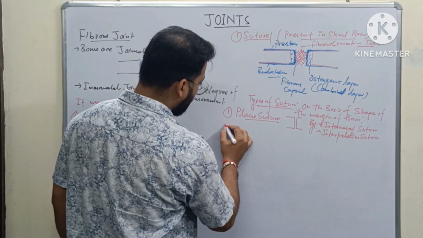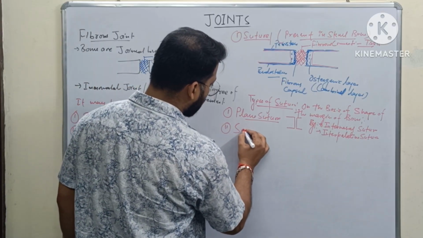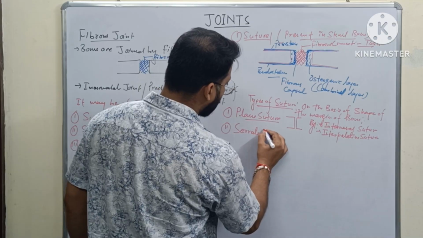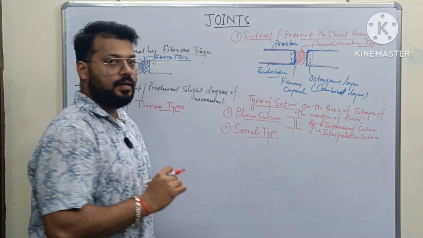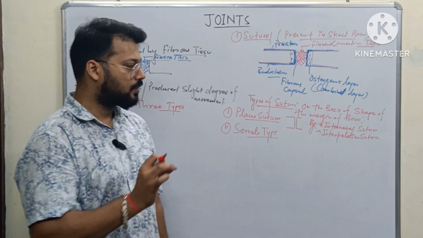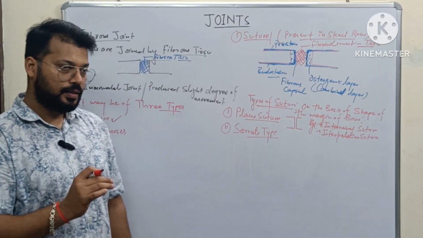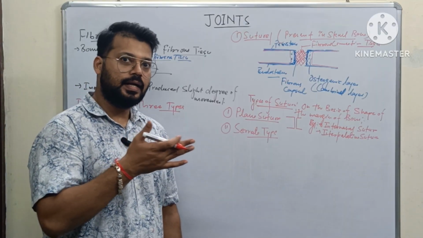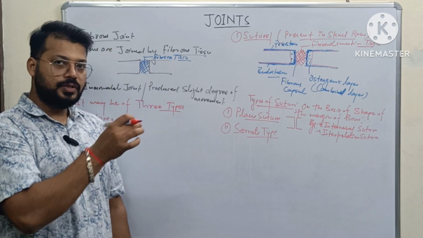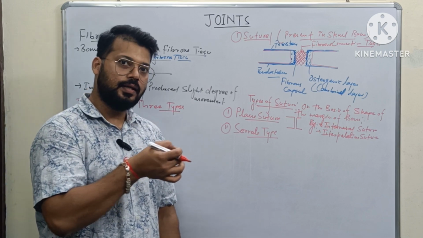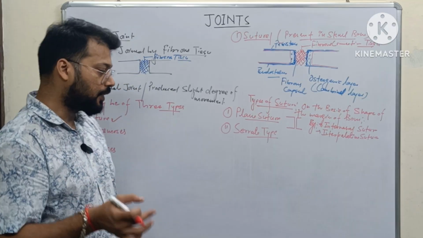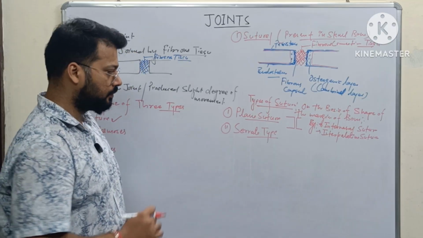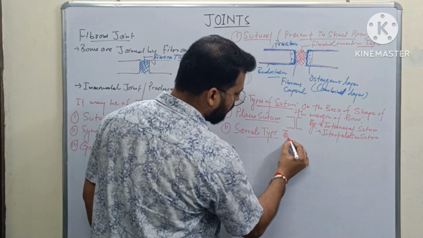Next is serrate type. In serrate type, the margin of the bone is short tooth like. Okay, जैसे वो पेड़ काटने की आरी होती है, उसका जो शेप होता है, अगर बोन की मार्जिन कुछ उस तरह की होती है, then it is called serrate type. कुछ ऐसा होता है मार्जिन इसका.